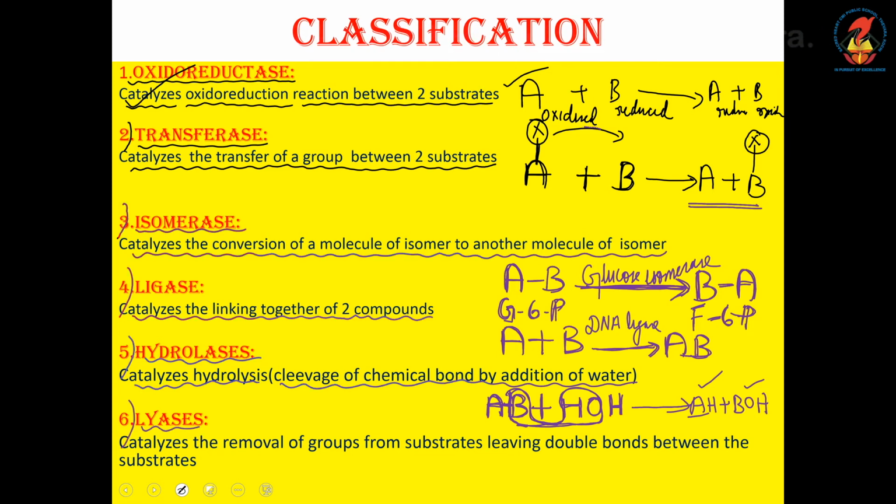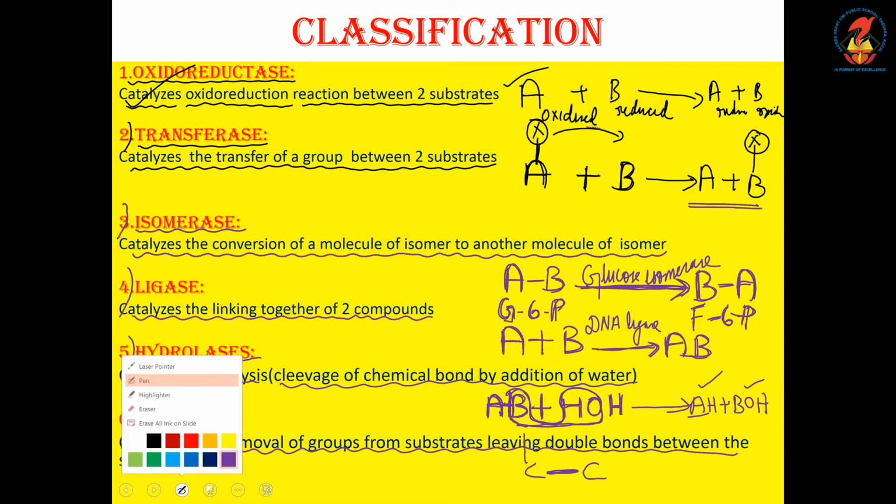Next, sixth, lyases. It catalyzes the removal of groups from the substrate, leaving double bonds between the carbons. Here I will go with two carbon compounds, which are joined by a single bond, and they are joined to two functional groups.